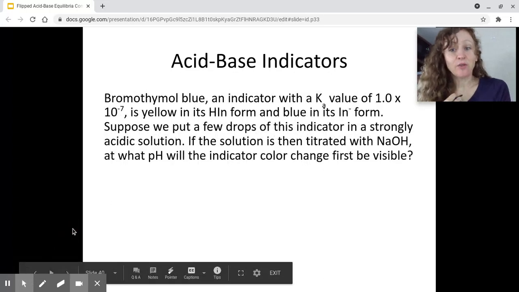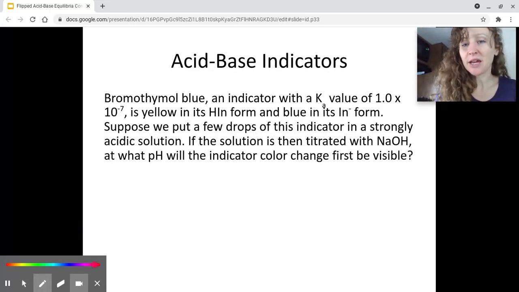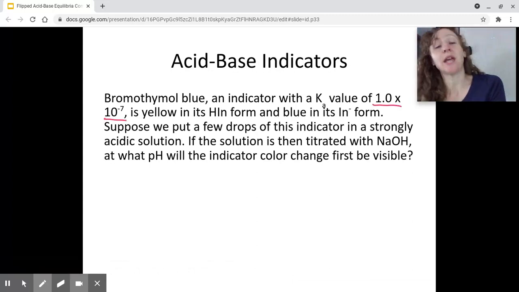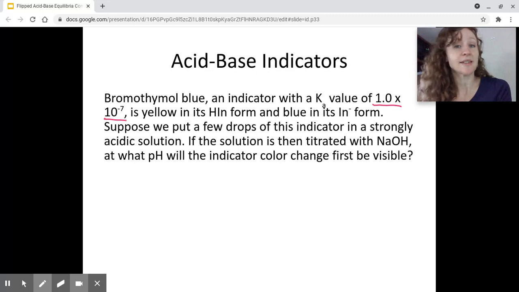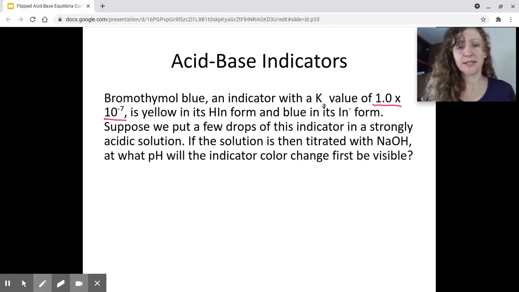Okay, so for example, we have bromothymol blue. It's an indicator with a Ka value of 10 times 10 to the negative 7th. So you can see from the Ka value, it's a pretty weak acid. It's about on par with water. It's about as weak as water. So most of these indicators are going to toe that line in between the weak acids and the useless acids, just like water does.